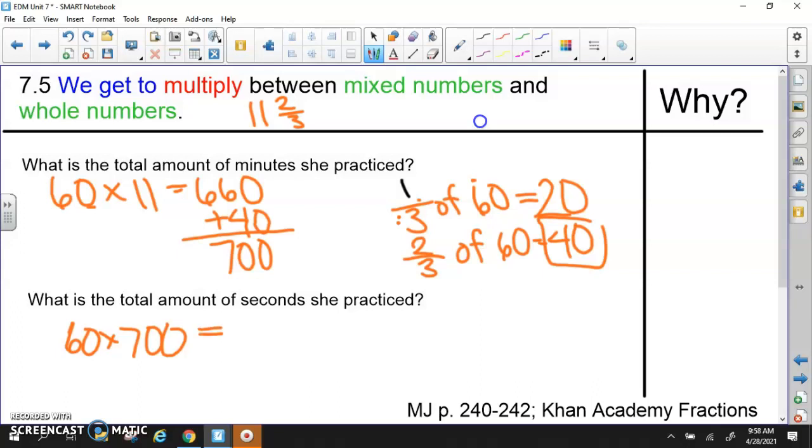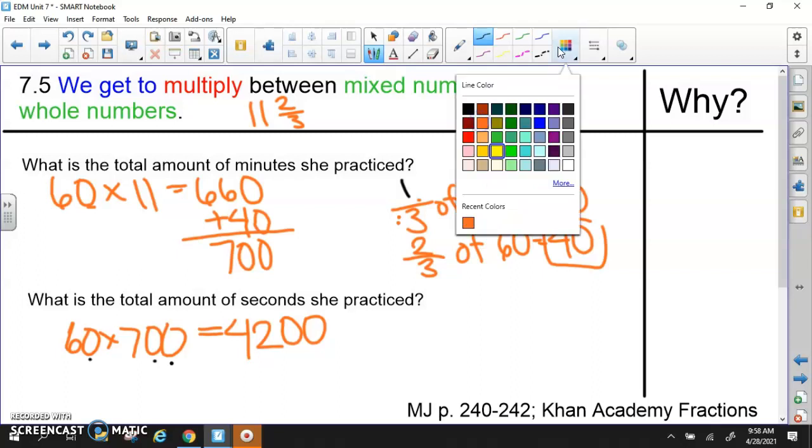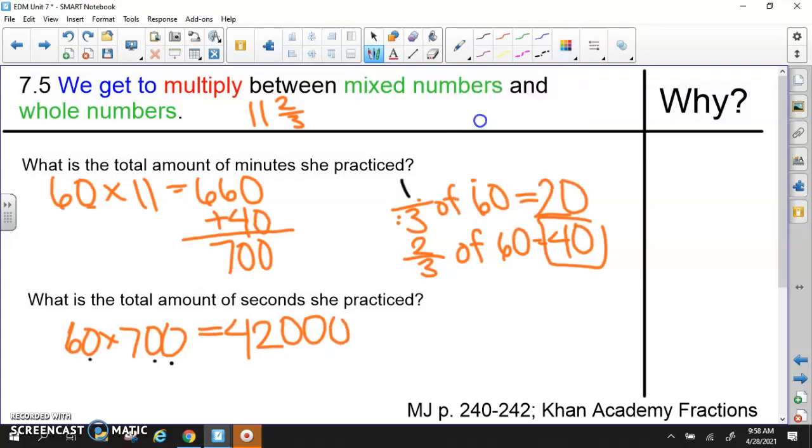We can do the 7 times 6, which is 42. And then what else? Place back the 3 zeros on that, okay? Oh, there's 3 zeros. Good. Yes, 1, 2, 3. So she practiced for 42,000 seconds, or 700 minutes, or 11 and 2/3 hours, or 11 hours and 40 minutes. All the same, right? Okay.